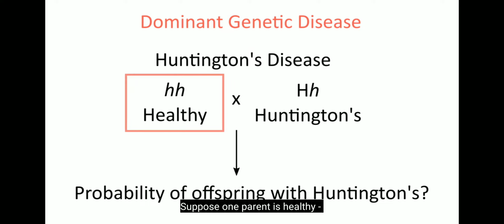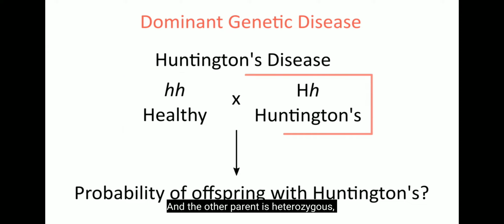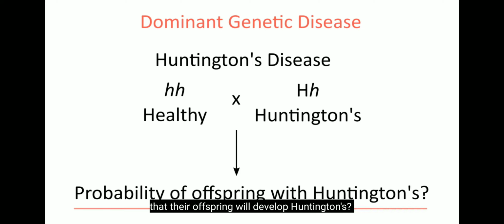Suppose one parent is healthy. This is the recessive phenotype. And the other parent is heterozygous and develops Huntington's. What is the probability that their offspring will develop Huntington's? Pause the video and try working it out yourself by drawing a grid as we did earlier.